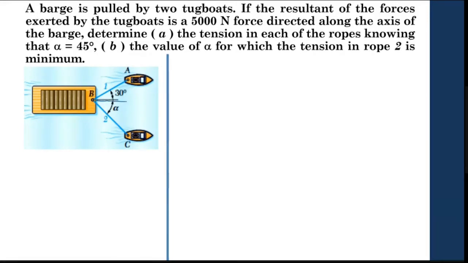The resultant is here. This resultant is 5,000 Newton, and of course it is straight, right? You have to identify what is the tension in each rope when the angle alpha is 45 degree, and the value of alpha for which the tension in rope 2 is minimum.